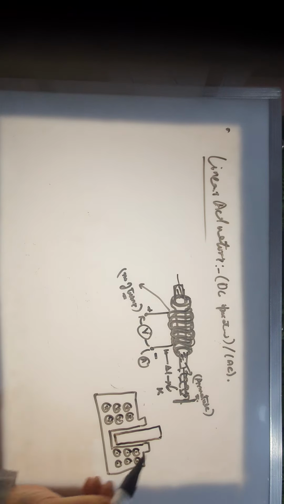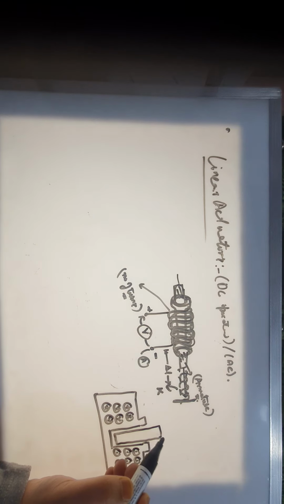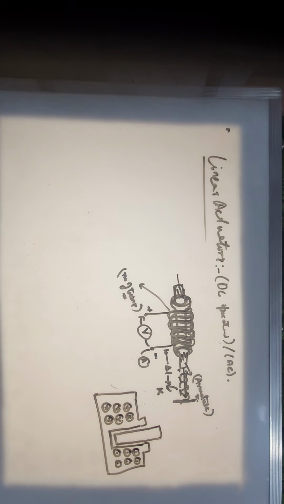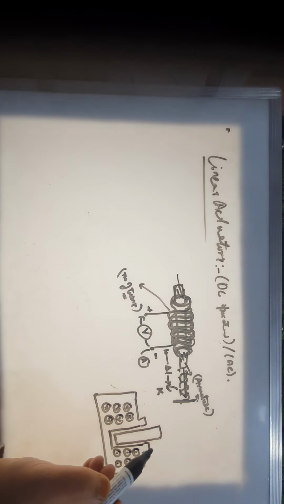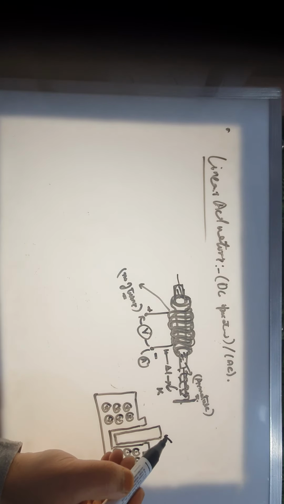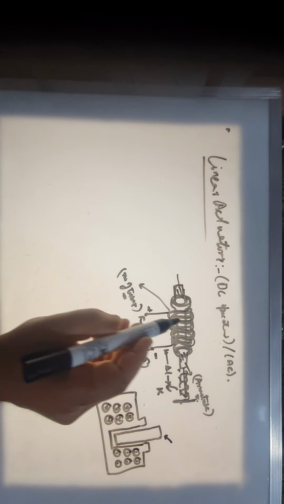Now depending on the type of this armature, you can have four different types of solenoids. One is disc type. There we don't have a plunger, we have a disc.